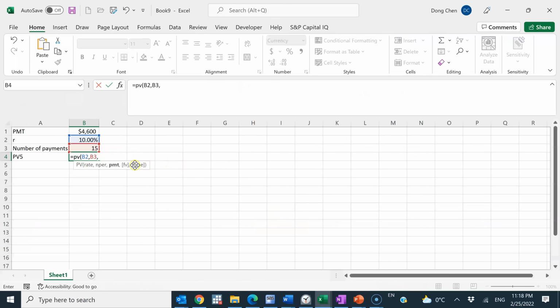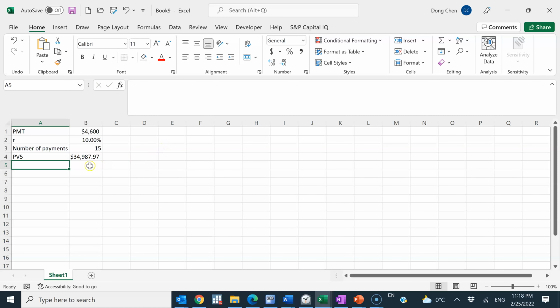The next input is the payment. The rule here is that we want a positive present value, so I added a negative sign in front of the payment. For the future value, we don't have to worry about that, since it means a lump sum future cash flow, which we don't have. We also don't have to worry about the type, so we can close this.